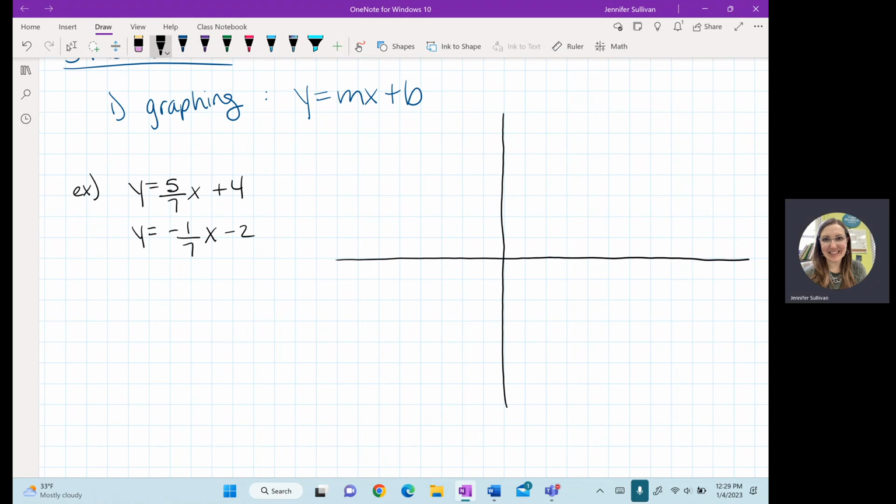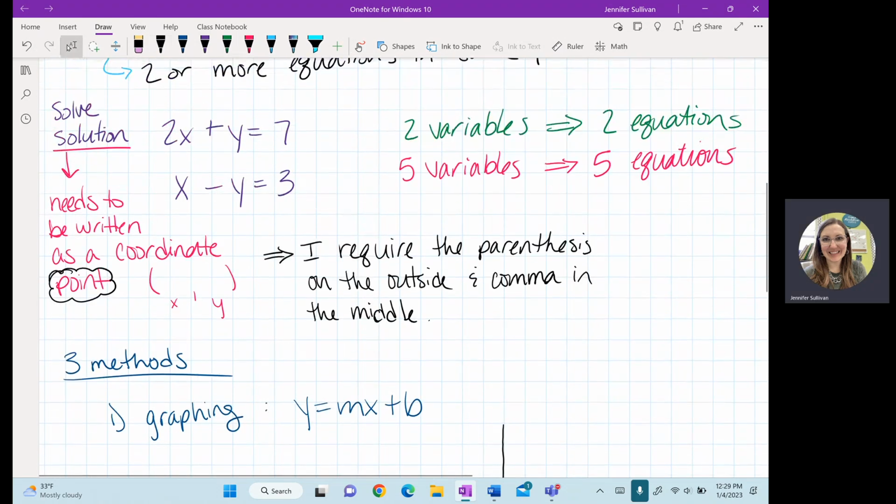So solutions to a system work for both equations.